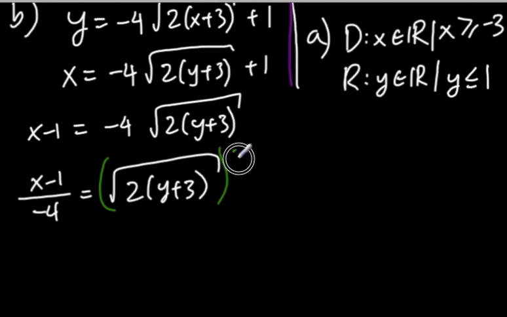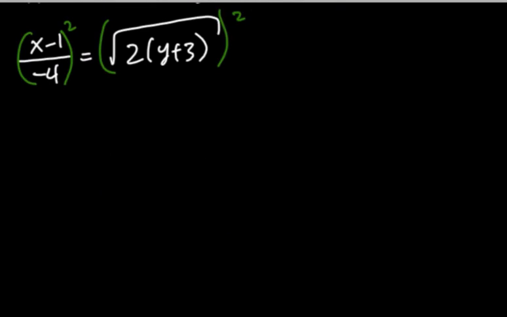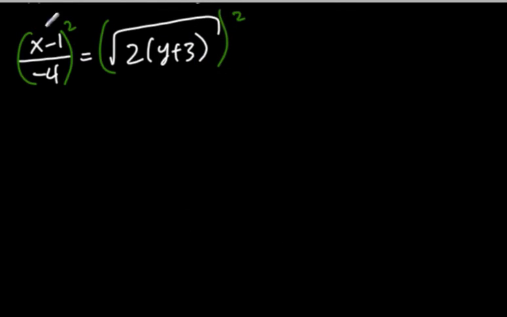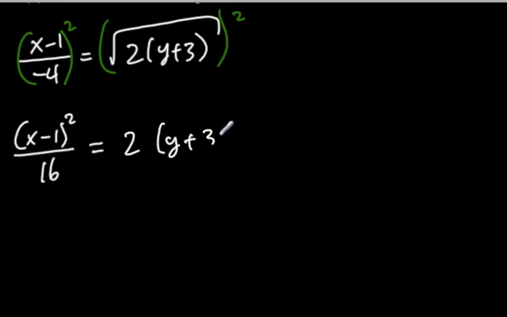If I square, I'm not going to expand the top, I'm just going to leave it like that. So it's x minus 1 squared. But if I square the bottom, -4 squared is actually positive 16. And the square root and that square cancel out, so I get 2y plus 3.